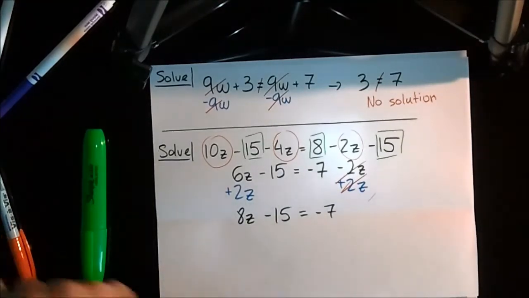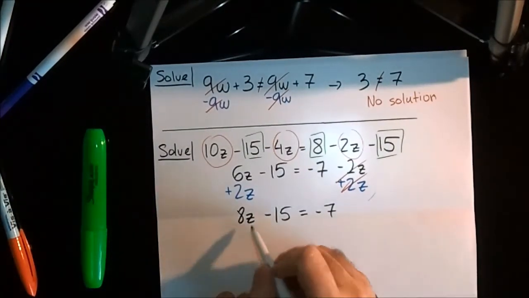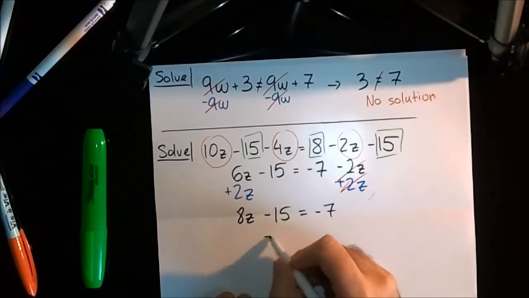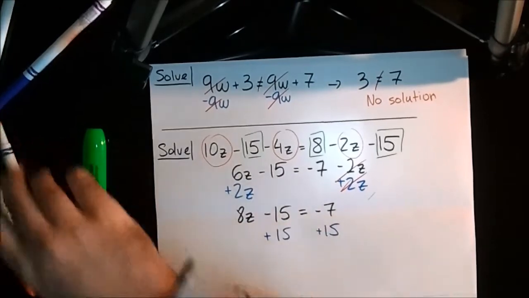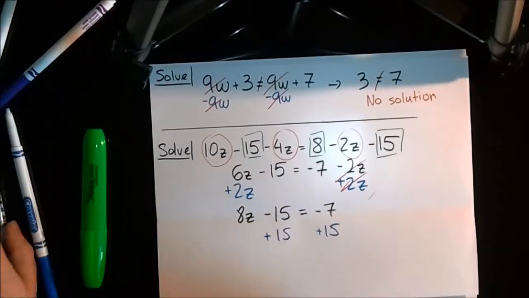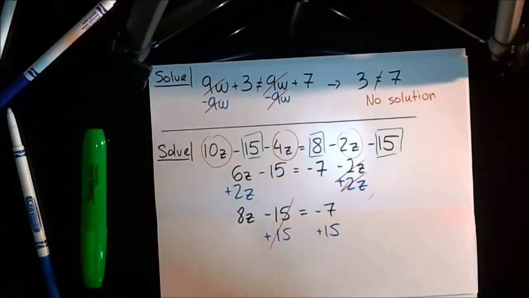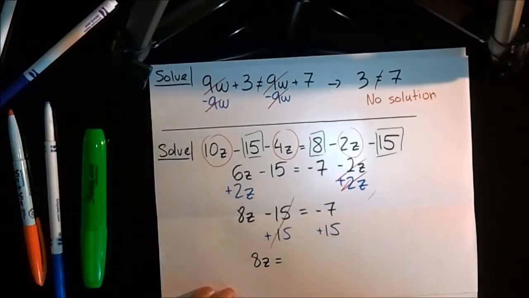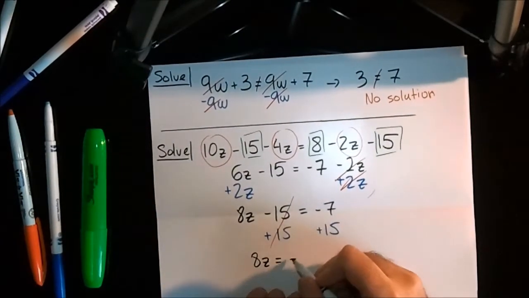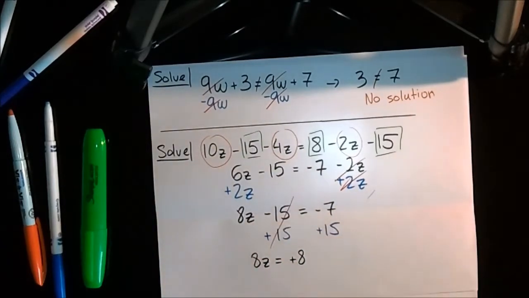Now I just solve this like a two-step equation. Isolate my z by getting rid of the minus 15, add 15 to both sides. Gone. 8z equals negative 7 plus 15 is a positive 8, or just an 8.